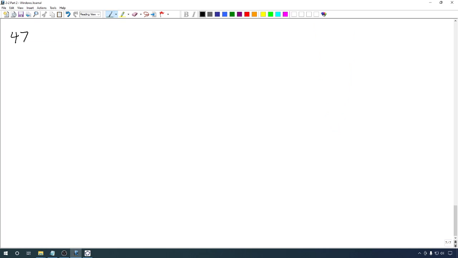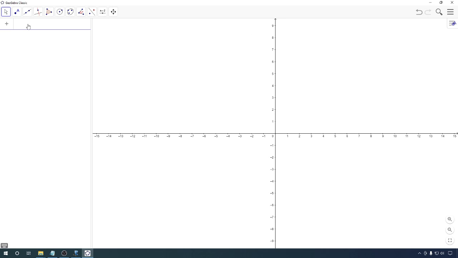Next up, let's look at problem 47. This time our function f of x is equal to the cube root of x plus the fifth root of x. And specifically, they want us to look at the point 1, 2. Let's go ahead and plot this right away this time. So our function is the cube root of x, and I'm actually going to use fractional powers there.